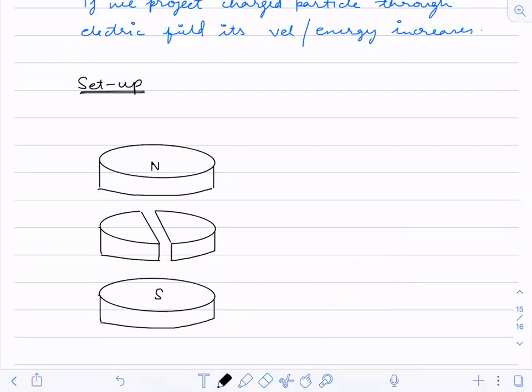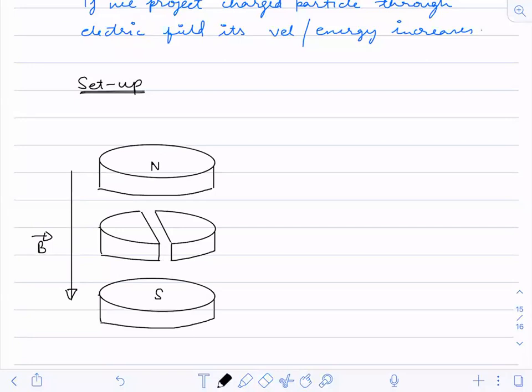Now the magnetic field, I have already told you yesterday, will be from north to south. So this is the direction of the magnetic field. From the figure drawn in front of you, you can see this is a kind of vertical structure where you have two poles, north and south.